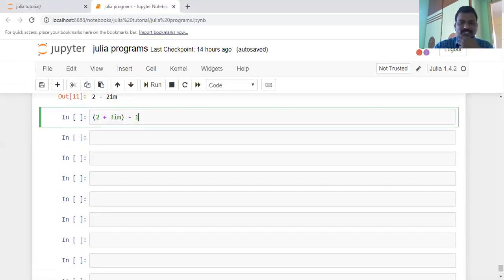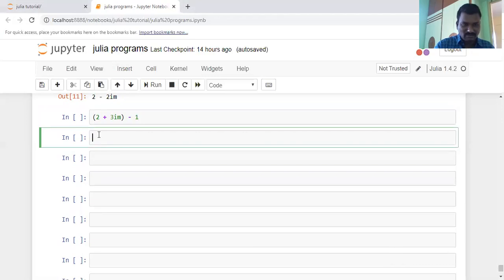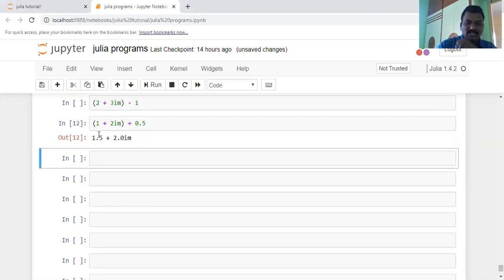Here this is another way. For example, you may remove the rational number value also. What rational number value are you considering here? For example, 2 plus im plus 0.5. If you execute that, you may get some result.